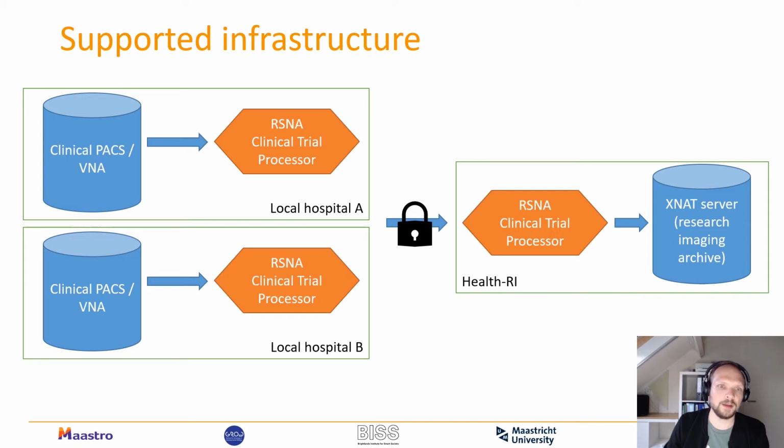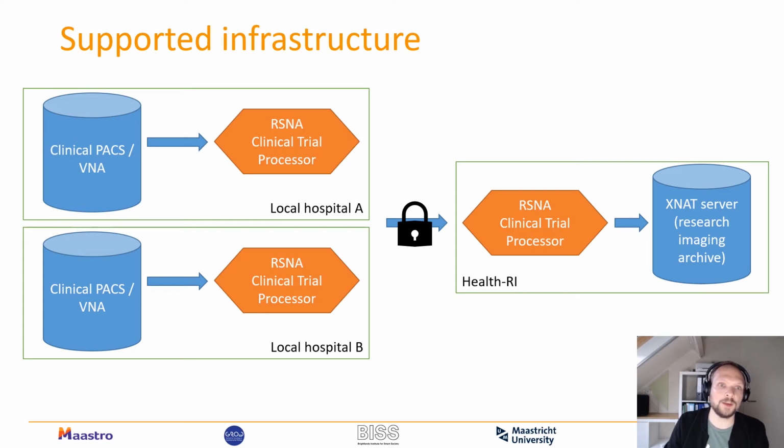So for example, if we would have local hospital A and we would have clinical systems, for example a PACS system or workstation, they can send that locally to their clinical trial processor, what I explained before, what we're using internally in a hospital. This trial processor is then configured to upload data for a specific research project, which is made available on the central XNAT server.